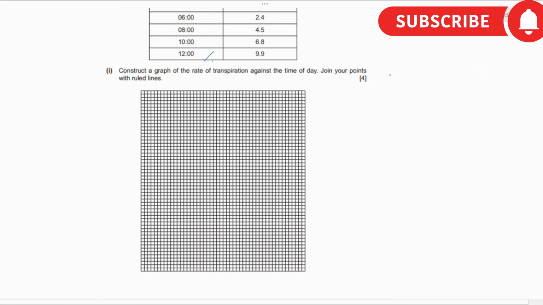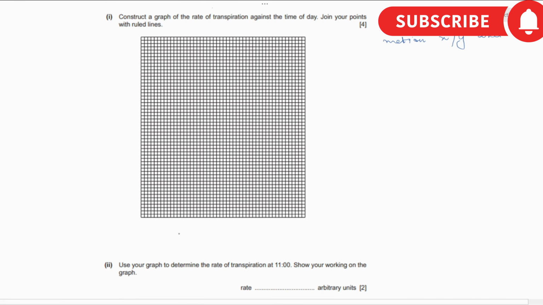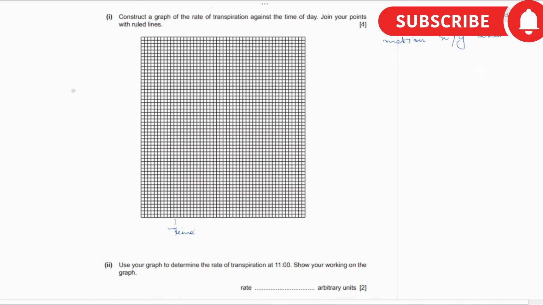While you draw this graph, keep in mind you have to label the x-axis. What would be on the x and y axis? Time, and we have to give its unit, hours.